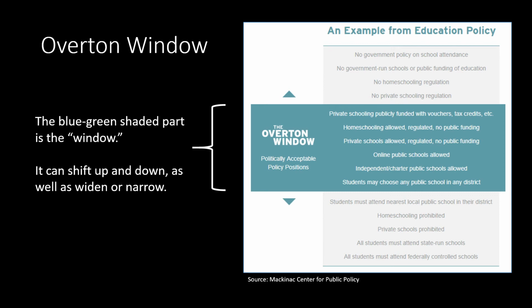But at the other end, at the bottom, that might be all students must attend federally controlled schools. Those are both strong statements, strong policy options, right? But there's a lot of room in the middle for other mixes and matches of policy solutions. All the policies in the middle are various steps that are closer to one end or the other of those two ends.